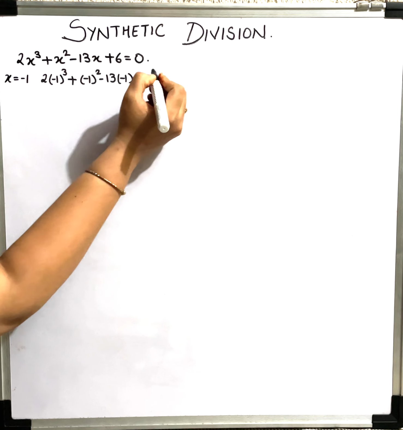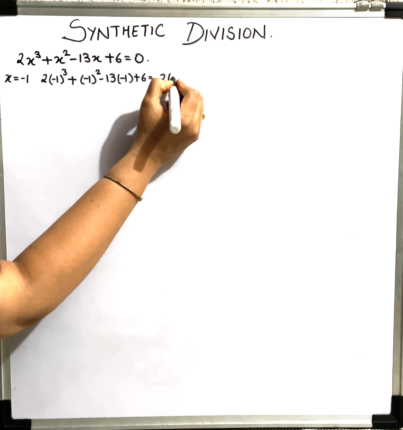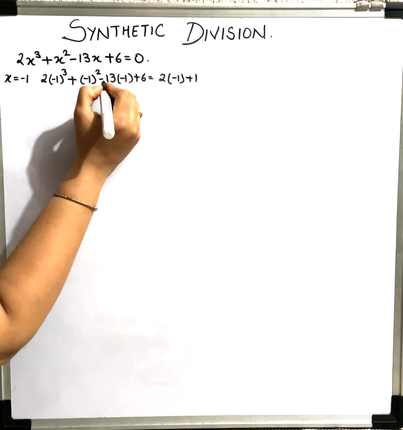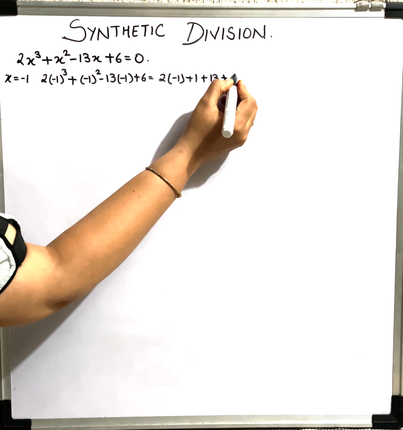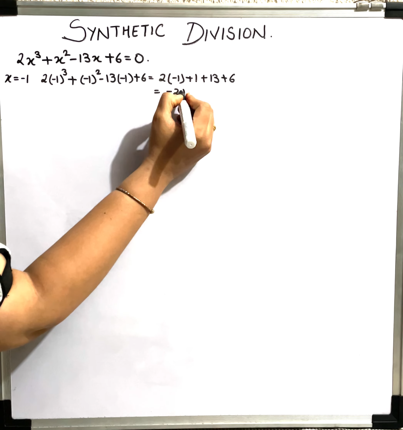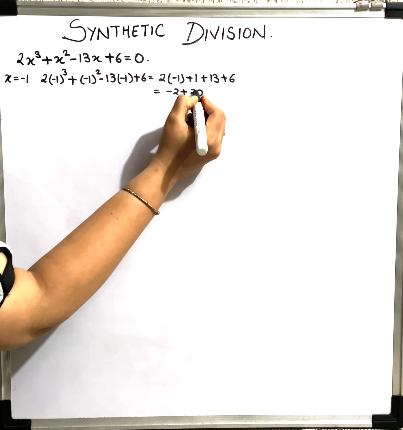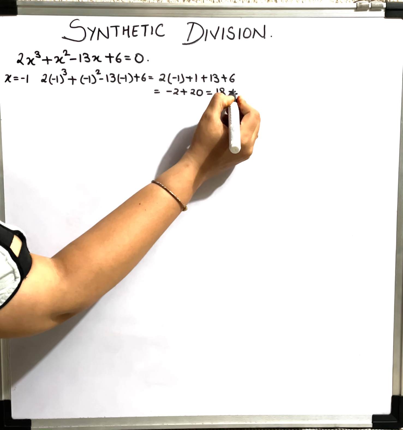Evaluating this, 2 into minus 1 cube is minus 2, minus 1 square is 1, minus 13 into minus 1 is plus 13, plus 6. That gives me minus 2 plus 13 plus 1 is 14, 14 plus 6 is 20. Minus 2 plus 20 gives me 18, that is not equal to 0.